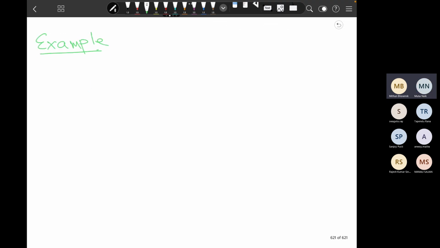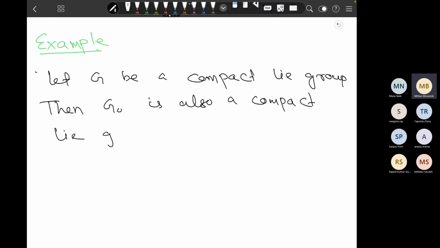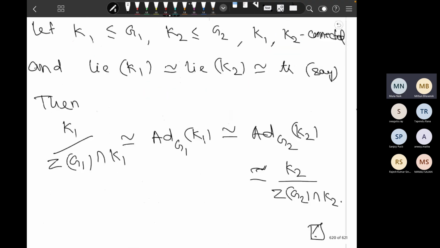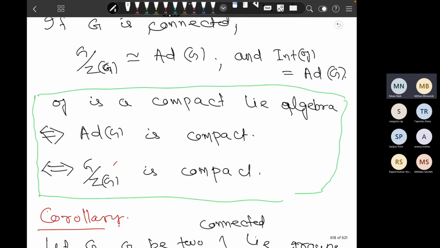So, for example, let G be a compact Lie group. Then G naught is also a compact Lie group, because G naught is closed in G. By this definition, I have said that if G is connected, G is compact if and only if RG is compact and G mod ZG is compact.